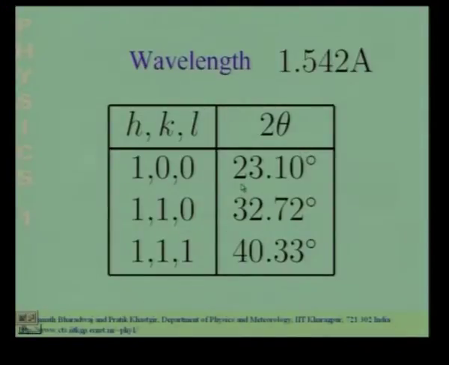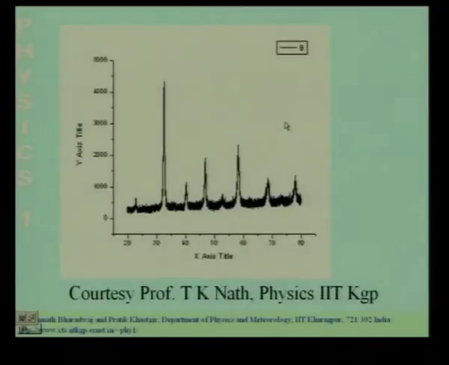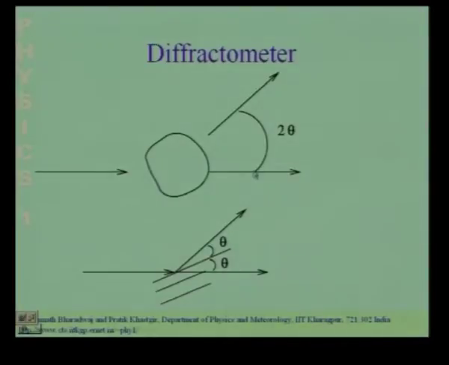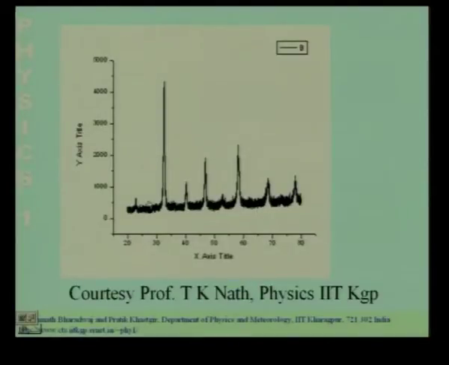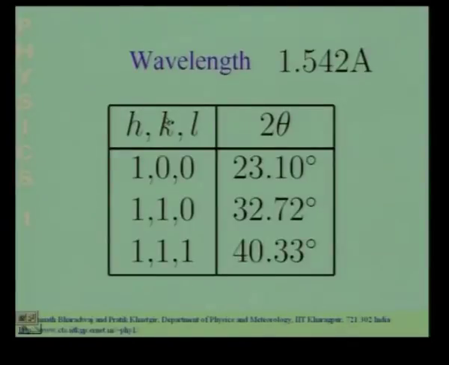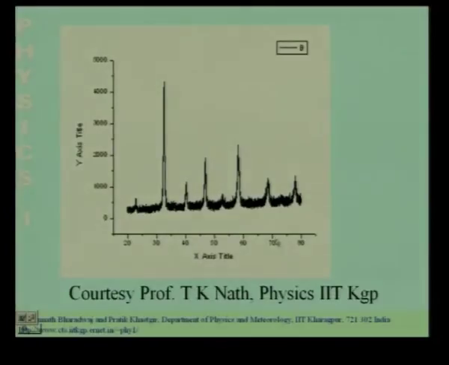The smallest angle where you have a maximum corresponds to 2 theta being 23.10 degrees, and remember that 2 theta is the total angle between the incident direction and the scattered direction. Then you have a maximum at 32.72 degrees, which is this one, and then at 40.33 degrees, which is the one over here. I have not shown you the values corresponding to these other maxima.